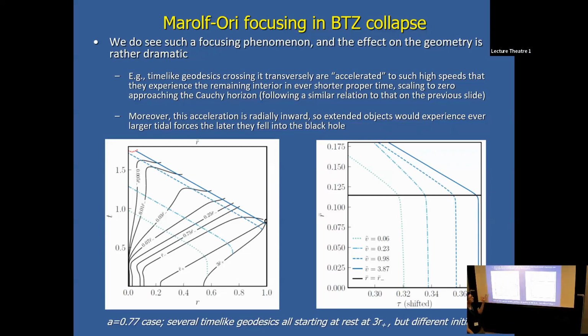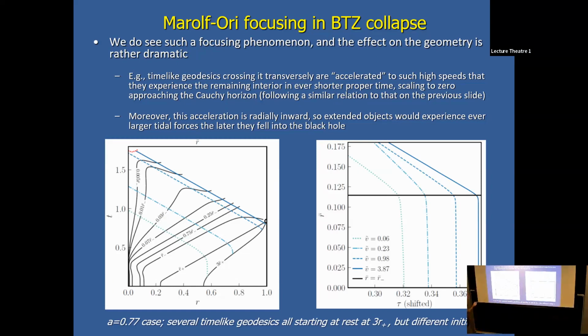So in some sense, what seems to be happening is that a feature develops in the geometry such that when observers fall into it, they're accelerated to such high velocities that the interior is length contracted into an ever smaller region. They fall in at a regular rate, and then suddenly they're accelerated all the way to this point.